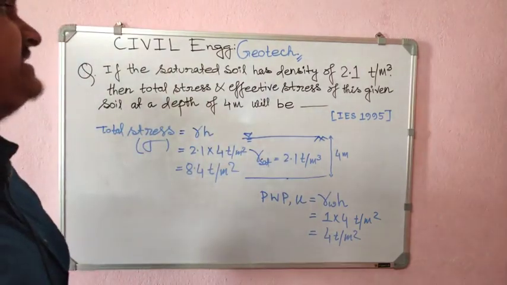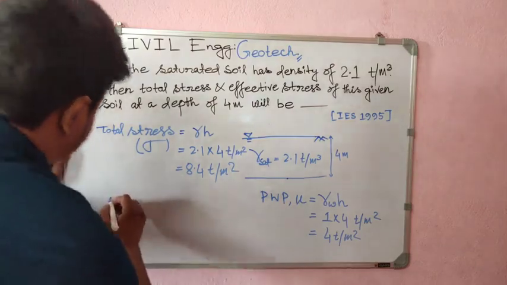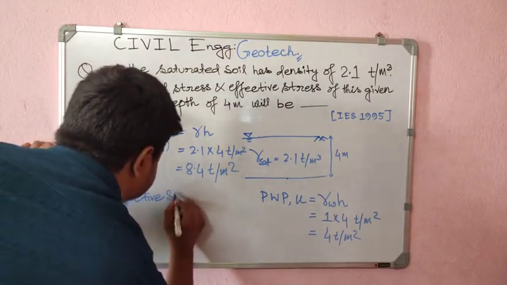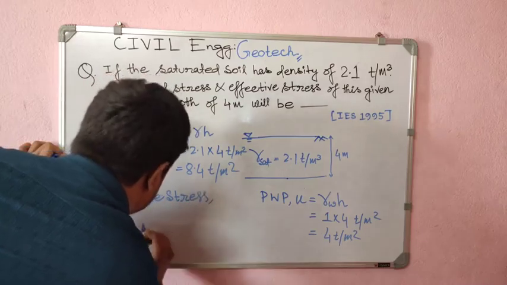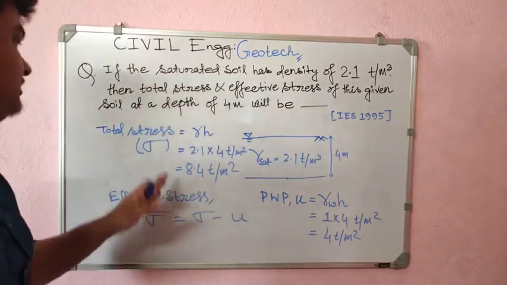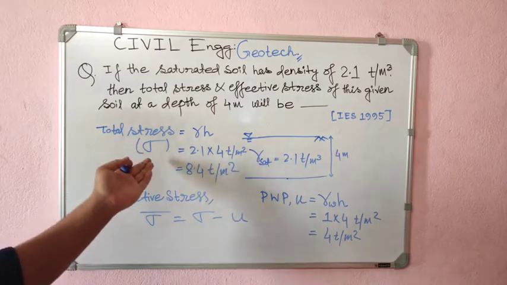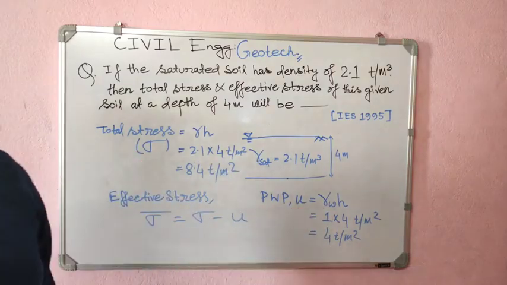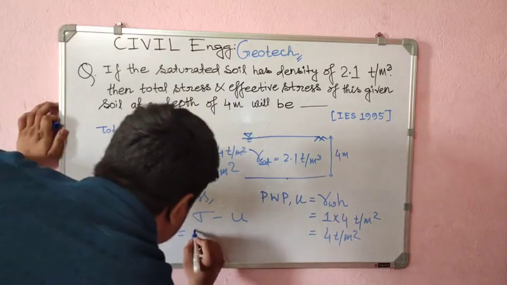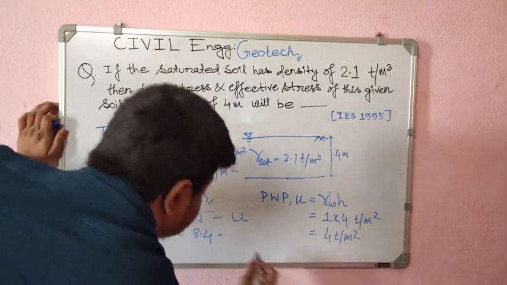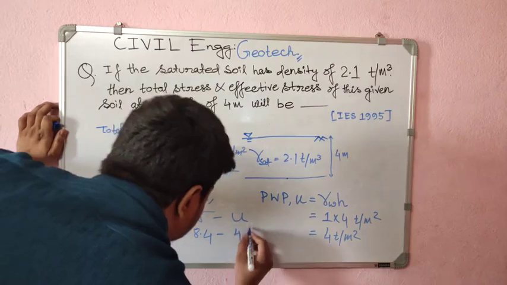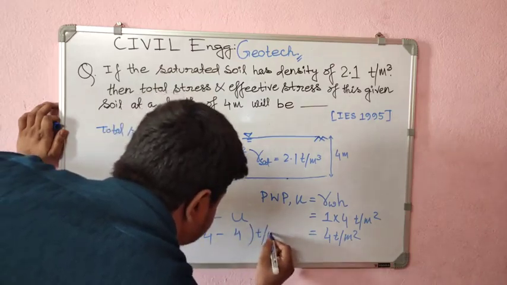We know that the effective stress, sigma dash, is equal to sigma minus U. So from the total stress we subtract the pore water pressure, and then we get the effective stress. Here it is 8.4 minus 4, in ton per meter square.